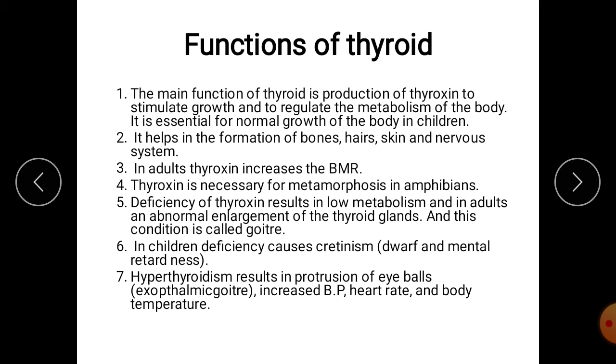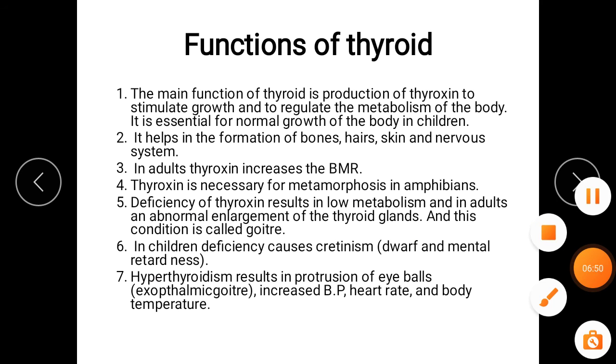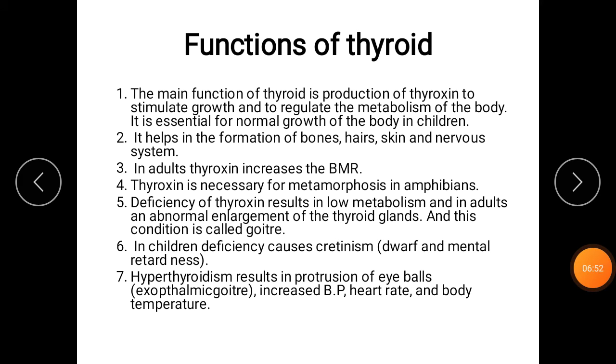Then functions of thyroid gland. The main function of thyroid is production of thyroxine to stimulate growth and to regulate the metabolism of the body. So body metabolism is controlled by thyroxine hormone.